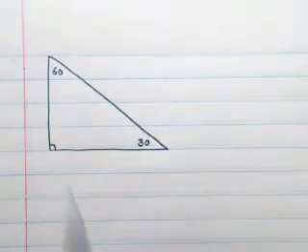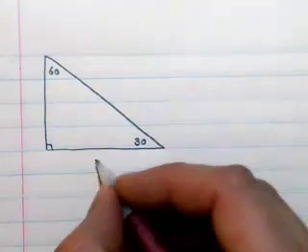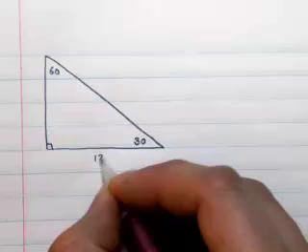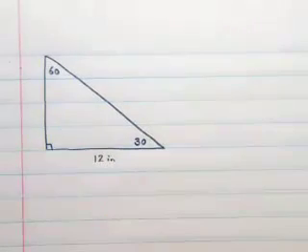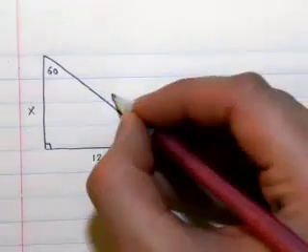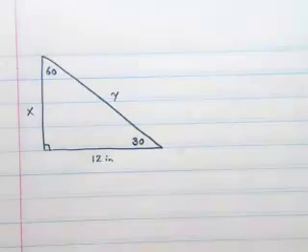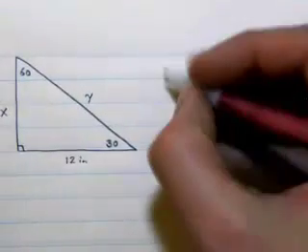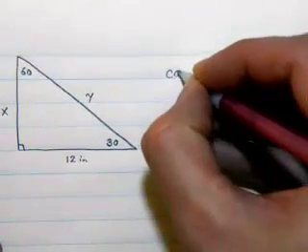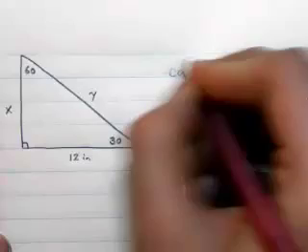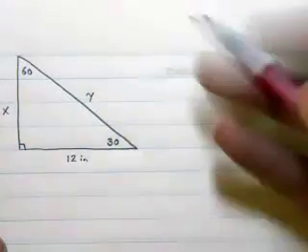And I know that this side of the triangle is maybe 12 inches. And I want to figure out what the other two sides, x and y, are. So keep in mind, instead of writing it all out, I'll just write SOHCAHTOA up here.